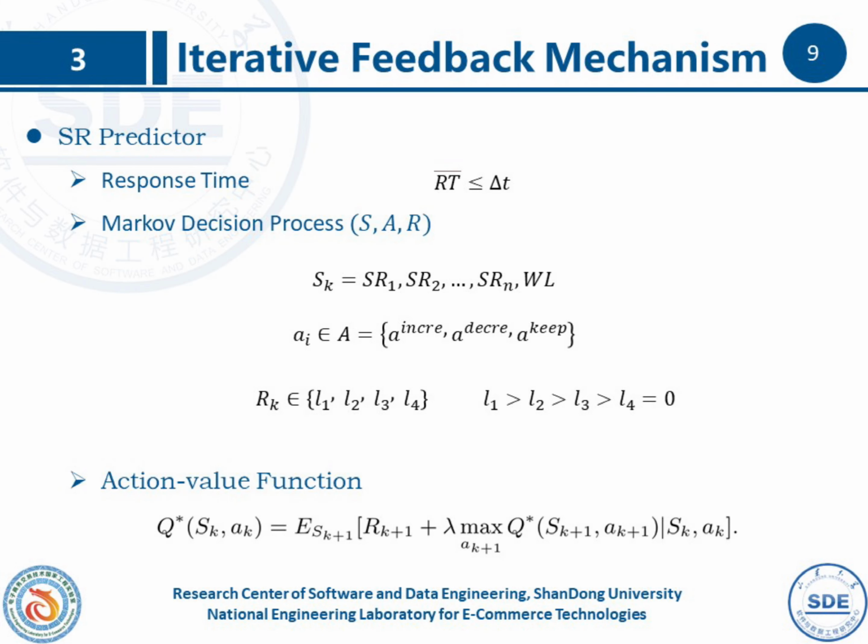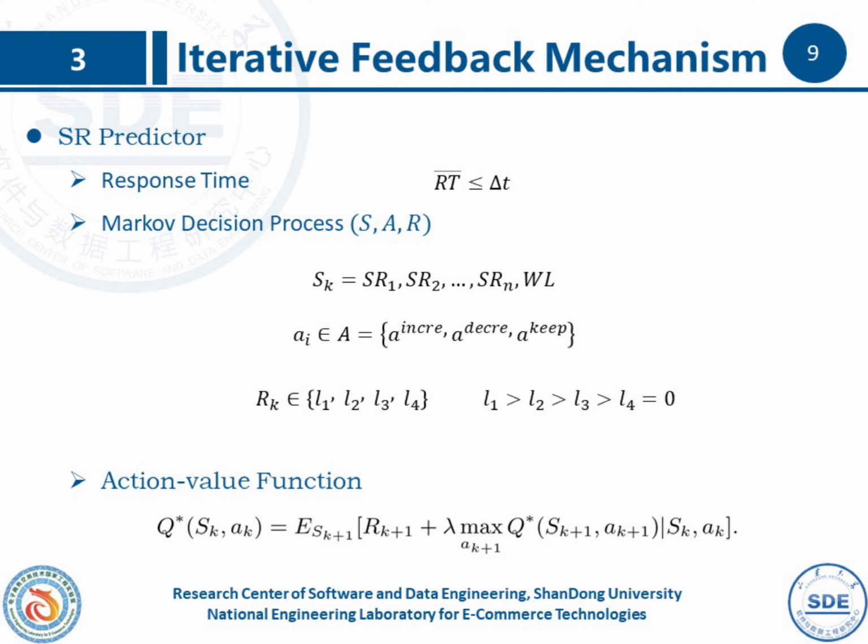At the core of the iterative feedback mechanism, the SR Predictor is designed to drive the optimal software resource allocation. An important measure for software resource optimization is performance, mainly measured by the response time of the multi-tier web system.